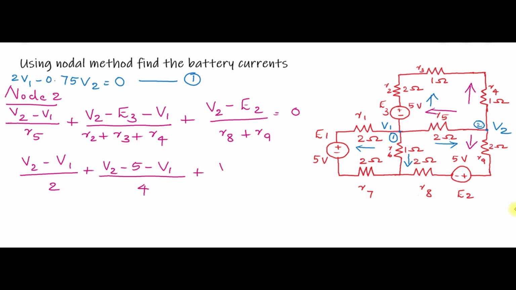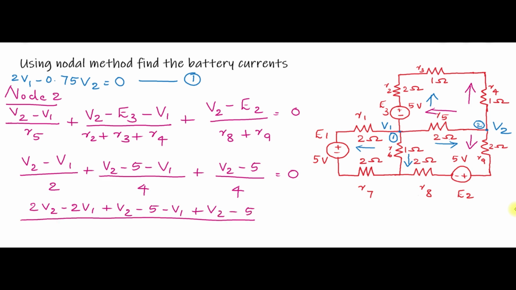Then V2 minus 5 divided by 4 is equal to 0. Here also LCM is 4. So 2V2 minus 2V1 plus V2 minus 5 minus V1 plus V2 minus 5, divided by 4, equal to 0.